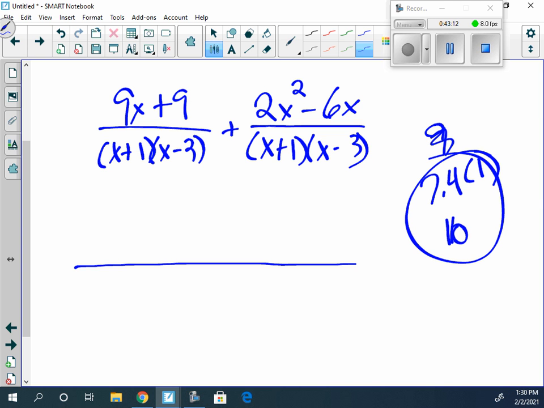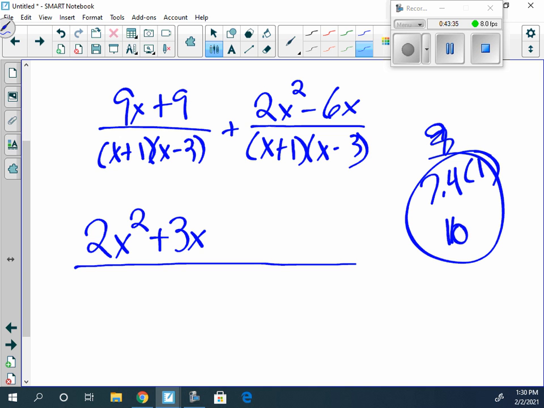Now, at this point here, we can add the two together. Well, luckily with addition, we can do that a little bit easier than subtraction, keeping track of signs. Since there's no other x squared, it's 2x squared by itself. Now, 9x plus negative 6x is going to be plus 3x.